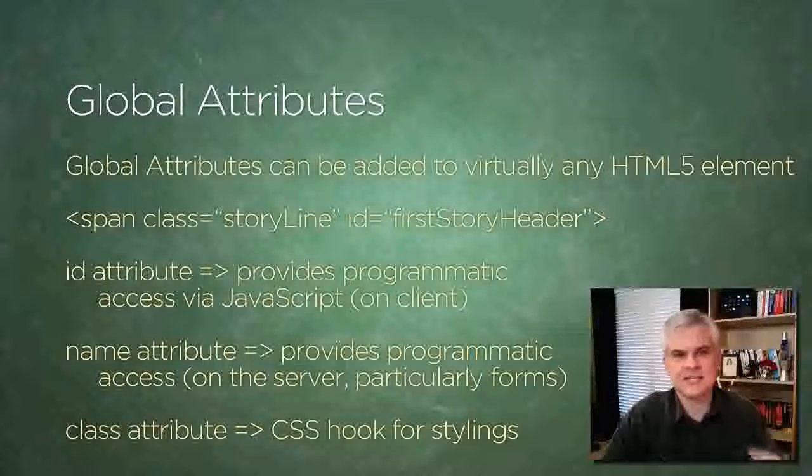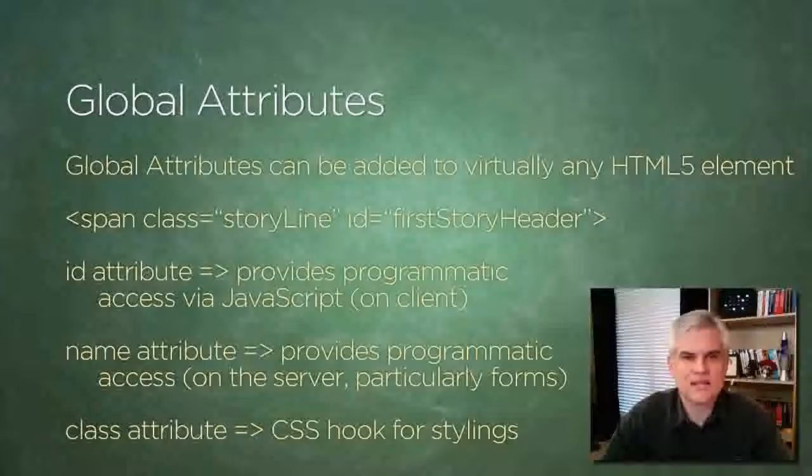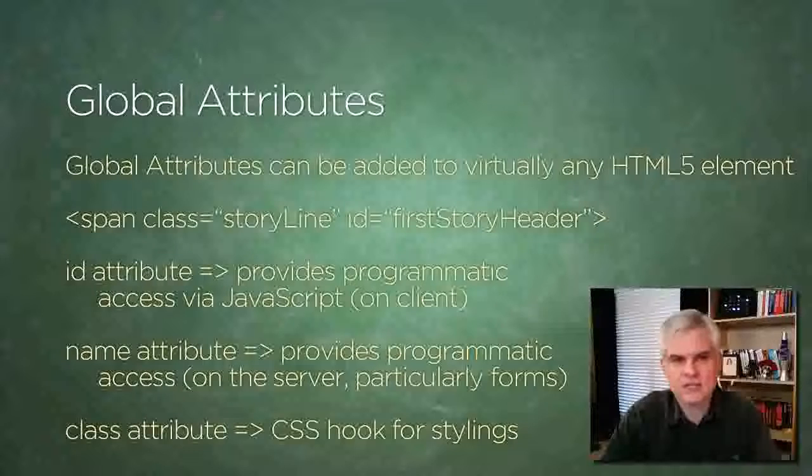Similar to the ID is the name attribute, which is typically used on the server side to process form data. I'm going to discuss this in more detail when we get to the lesson on creating forms. It's similar in purpose, but typically it's utilized by our server-side code logic to retrieve a user-submitted value. Let's table that discussion for right now.